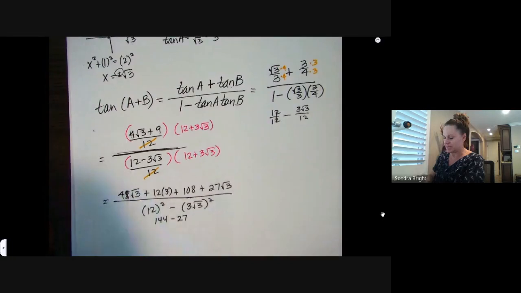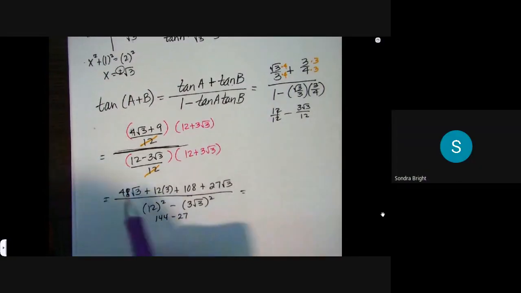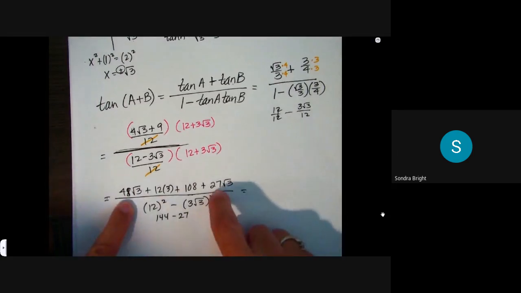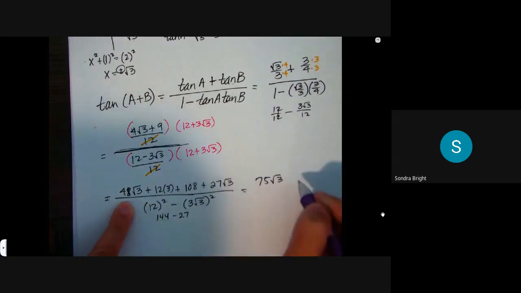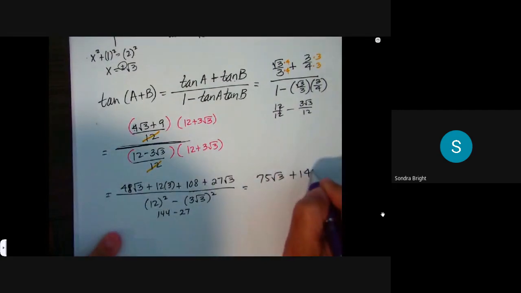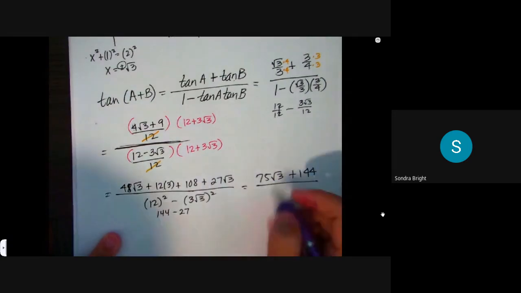Okay, then you can combine like terms, 48 apples and 27 apples. So that's 75 rad 3. And then 36 plus 108 will give you 144. 144 minus 27 gives you 117.